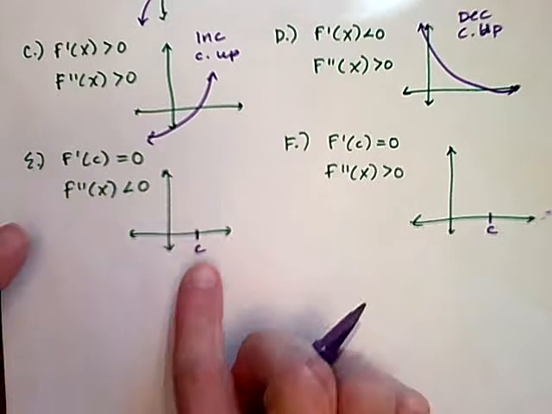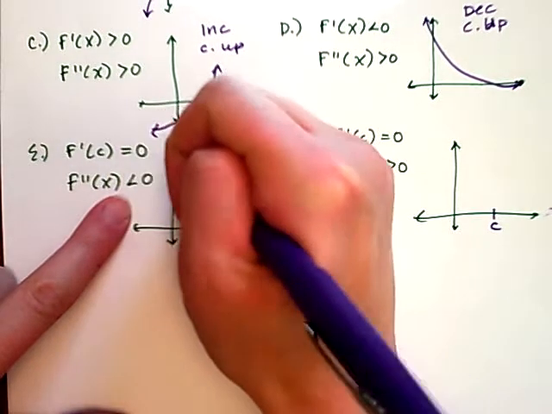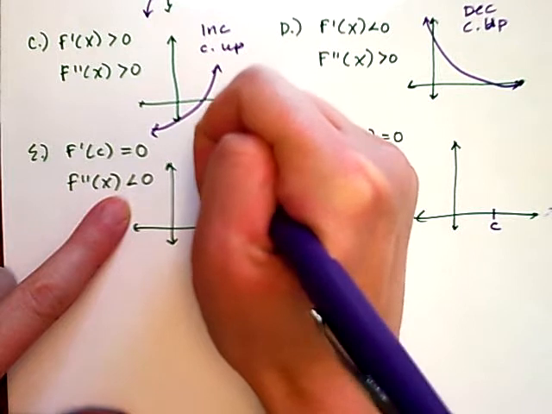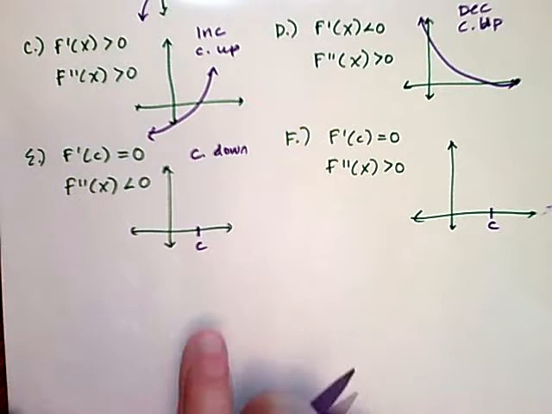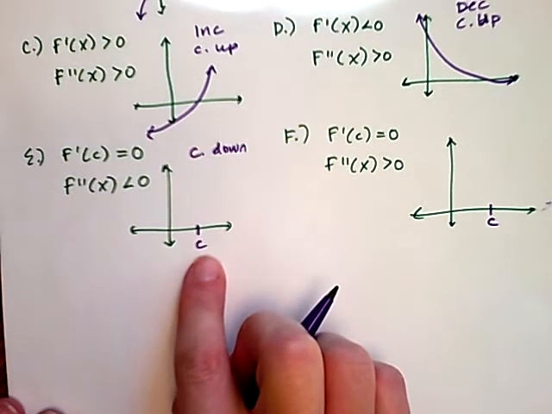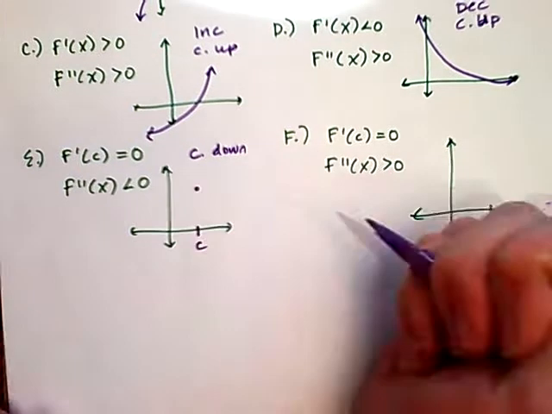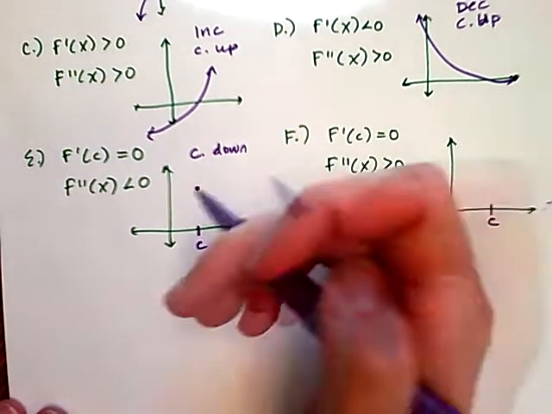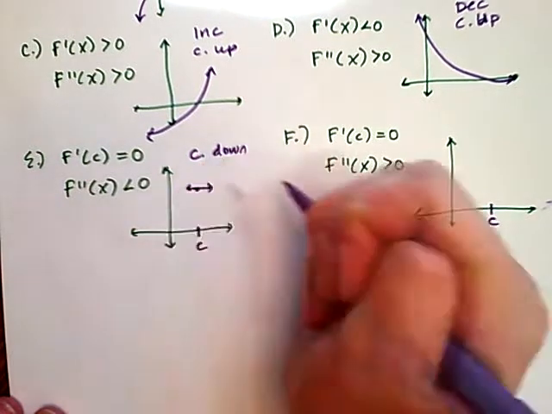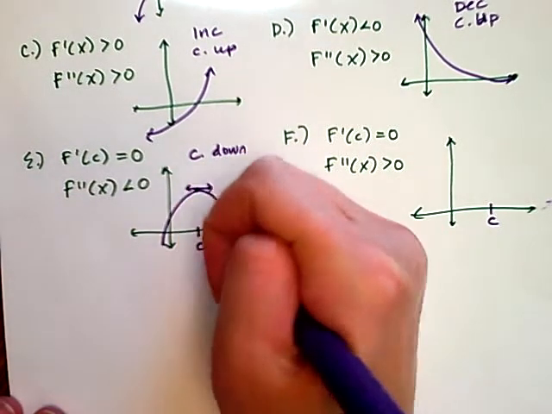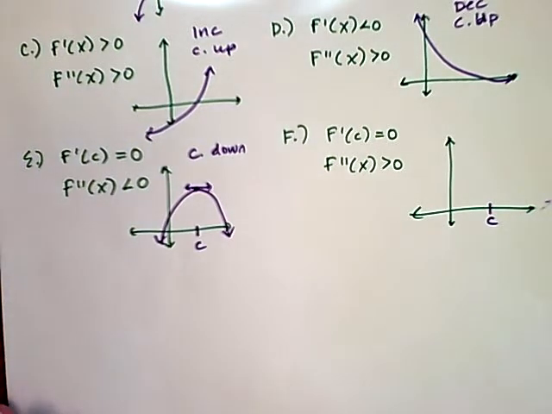The idea here is if f double prime is less than 0, I know that means concave down. And if I need the first derivative to be 0 at this x value c, that means I need to have a horizontal tangent at some point here. So if it's concave down and there's a horizontal tangent, it must look something like that.